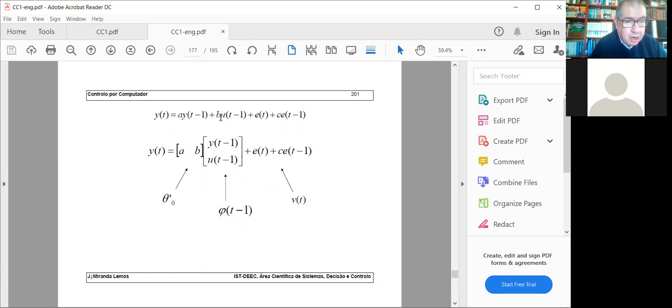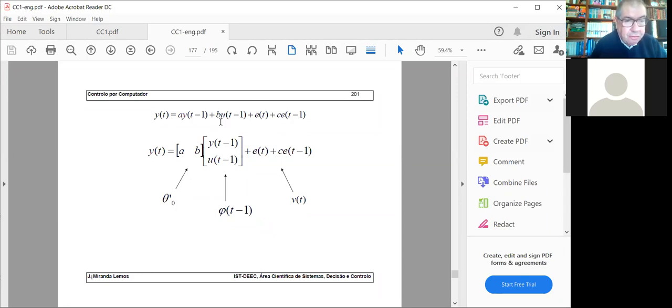Now I have here u of t minus 1, and then I have the product of u of t with e of t. Now, if you take the expectation of u of t with e of t, for instance, since u and e are independent, the expectation of the product is the product of the expectations, so this is 0.